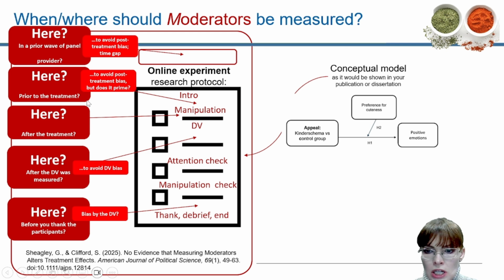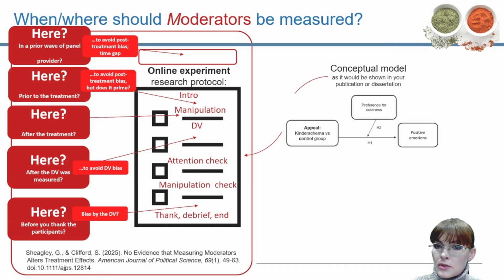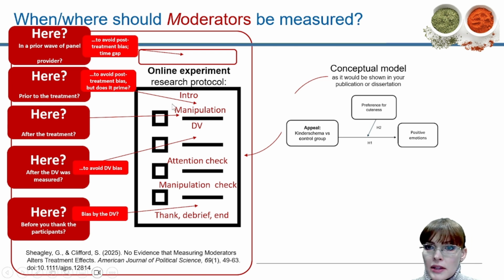Another question which Sheagley and Clifford asked was, should you measure it before you expose your participants to a treatment? We would do that to avoid post-treatment bias, because responses on your moderator may be impacted by the manipulation. And the question is, would measuring your moderator here prime participants to respond in a particular way when you expose them to your manipulation, right?